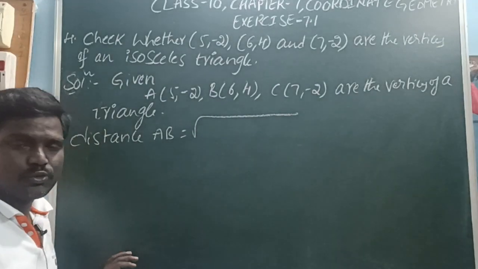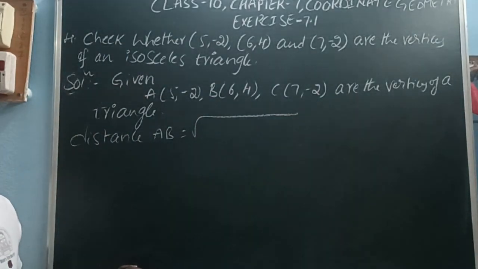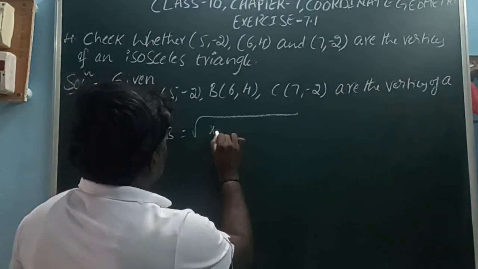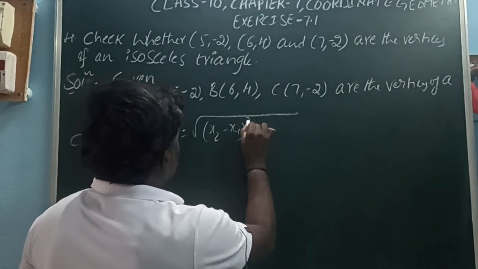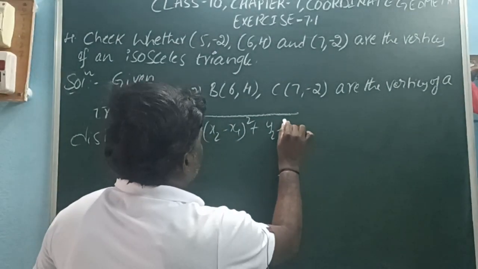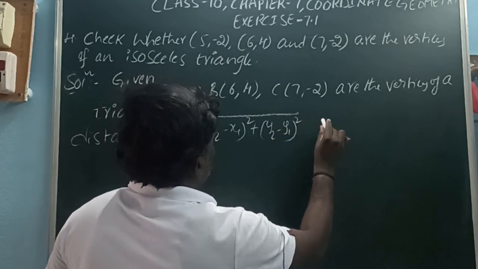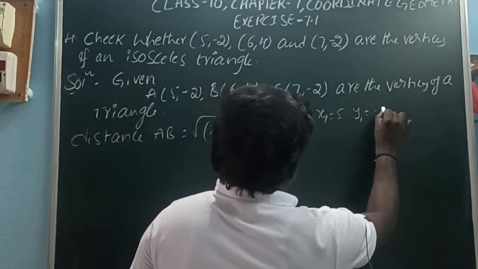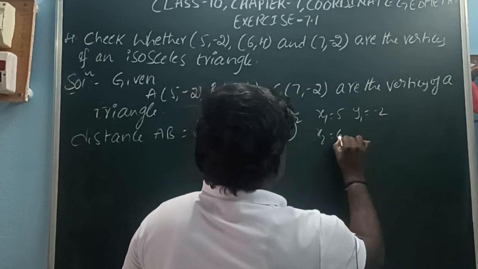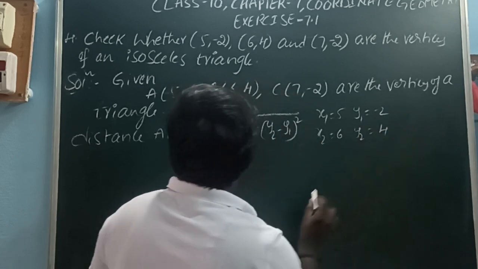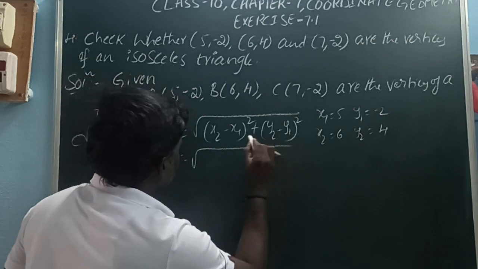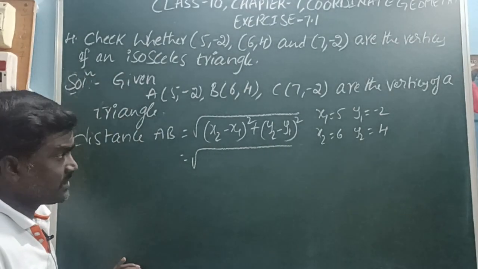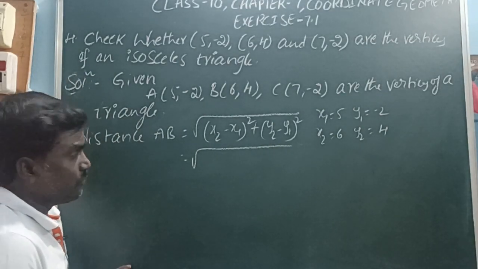Square root of (x2 minus x1) whole square plus (y2 minus y1) whole square. Here x1 is 5, y1 is -2, x2 is 6, y2 is 4.